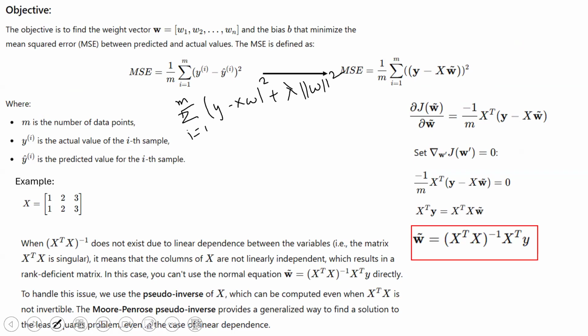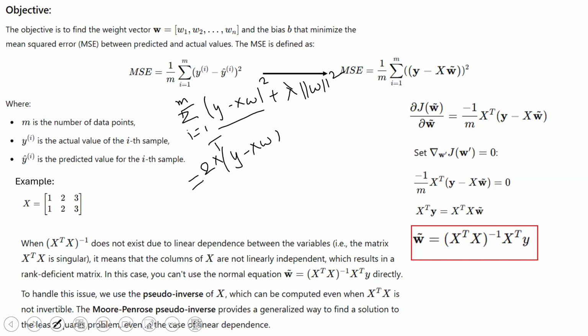Now if you take the derivative of this with respect to w, that becomes minus 2 into (yi minus Xw) into X transpose, because minus and minus will become plus.